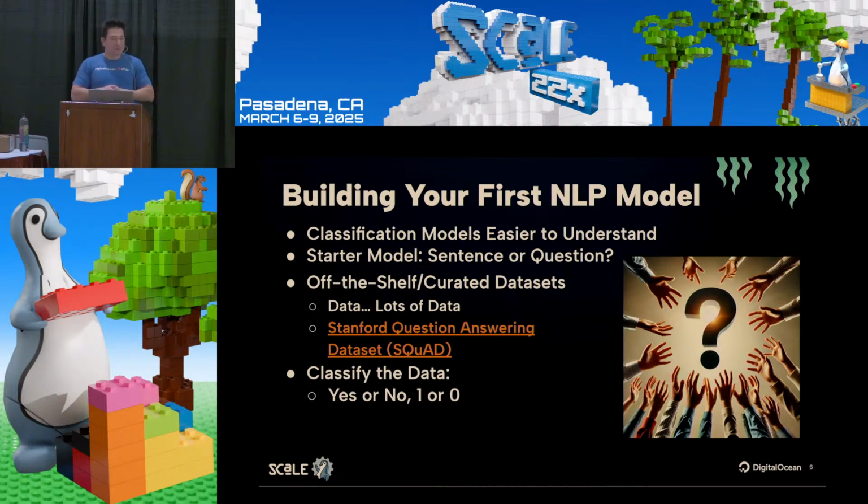And so when we're building a machine learning model, you need to start with a data set. And this sometimes can be very difficult depending on the problem that you're working on. Curating and finding that data set is sometimes very difficult. In this particular case, there's a data set that already exists, called the Stanford Questions and Answering Data Set, or SQuAD for short.